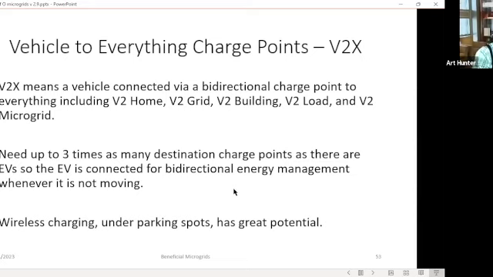So it means that you can plug in and have two-way bidirectional energy management whenever the vehicle isn't moving. And recently there have been some tests and developments going on in wireless charging, which, just like your cell phone, you put down on a pad, or you just park in a parking lot spot and it'll charge up.